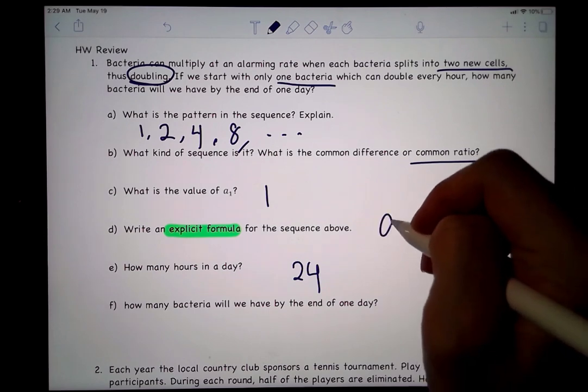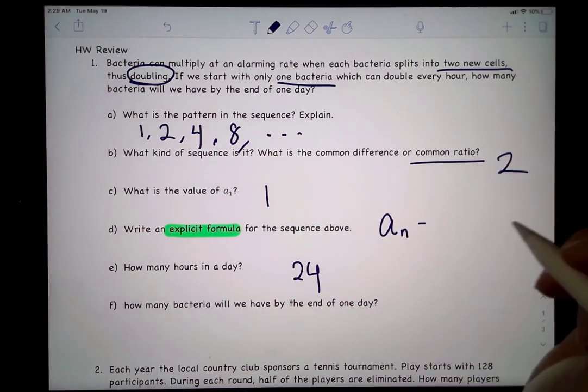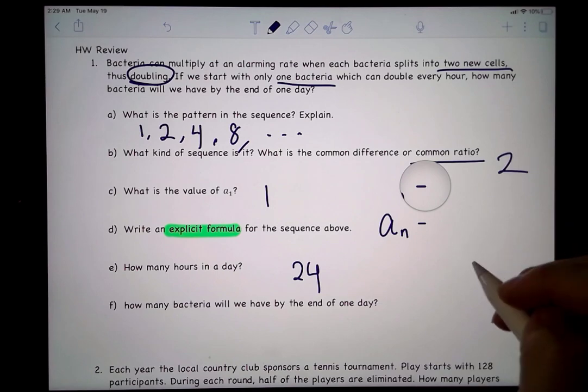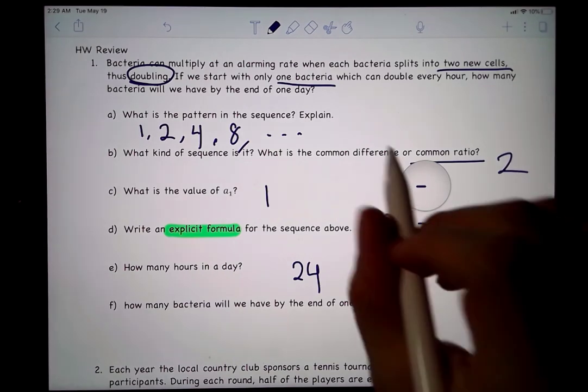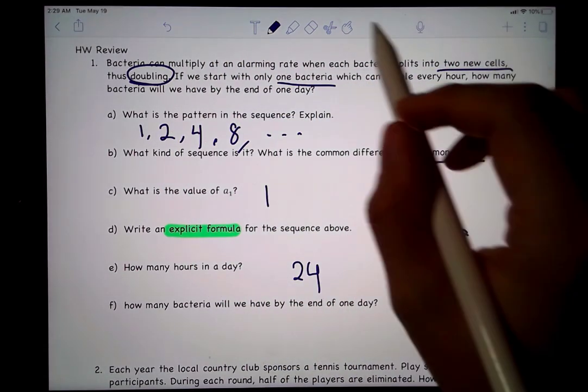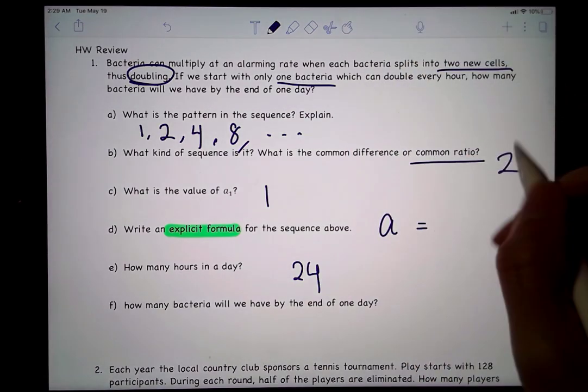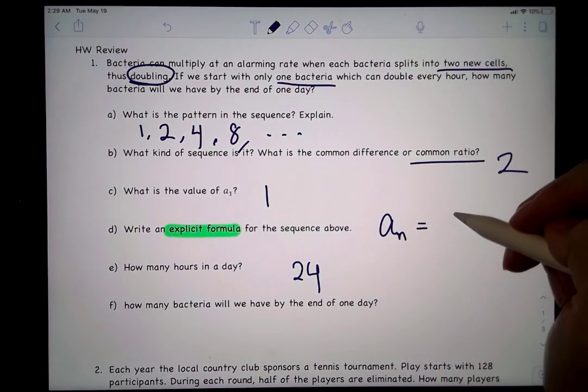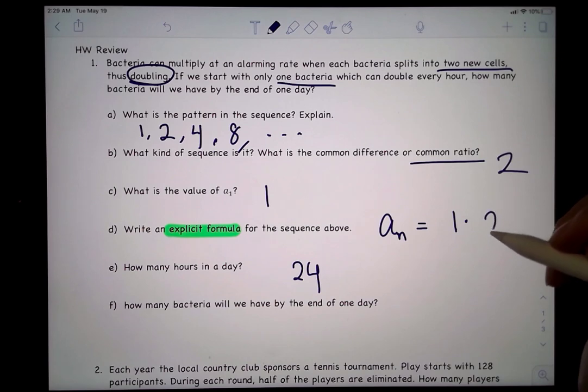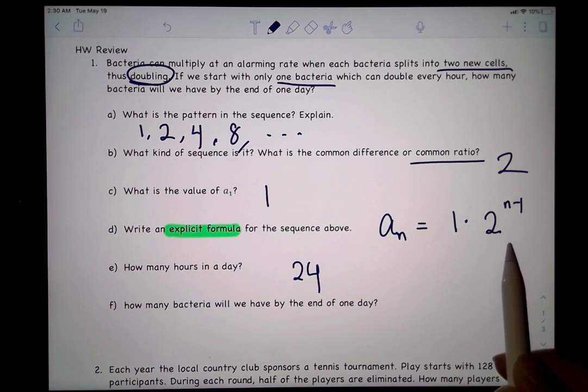So your explicit formula will be A_n equals your initial times the common ratio to the n minus 1 power. This is your explicit form. A lot of you put the recursive form for that, so I want you to have the explicit form.